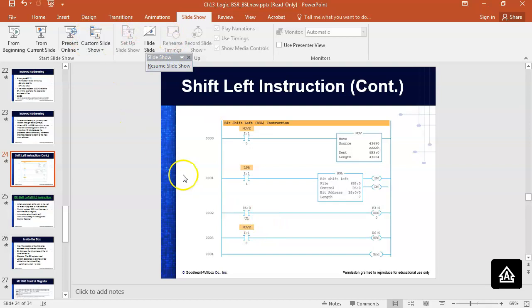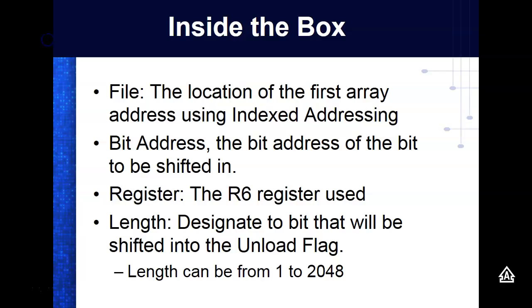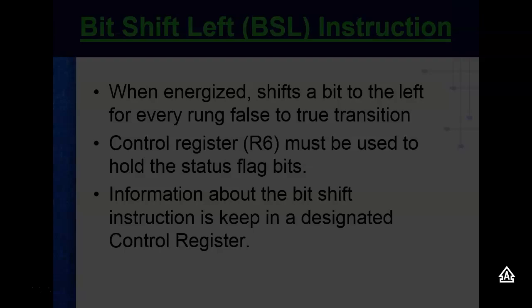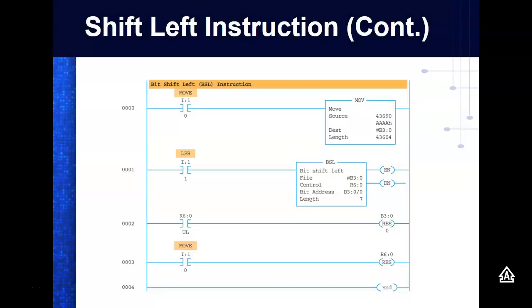So here, what they're doing in this program, I don't know where this is at in your book. So this is using R6, right, which is control register data file, word 0, and it's using what we call the unload bit to come up here and reset these files.